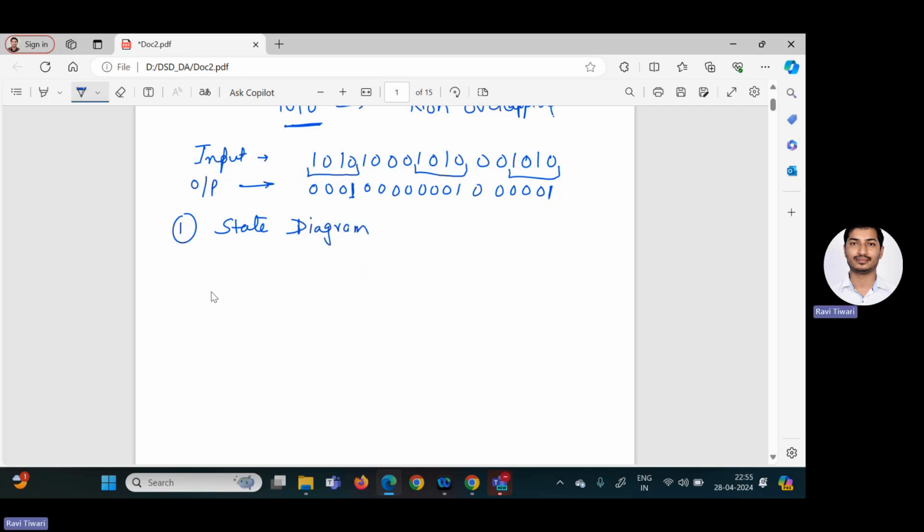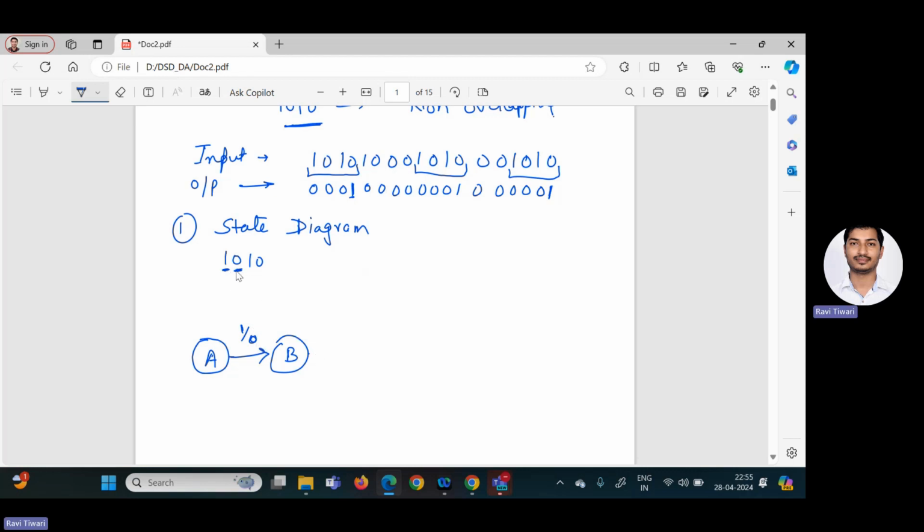As we are detecting 1010, in case of non-overlapping, always initiate from the state A. When you receive the first bit correct, that is 1, you have to move to another state, that is B. When you receive the second bit of that pattern correct, 1/0, because this is the first bit that we received, and as we have not received the correct pattern of 1010, your output is 0.